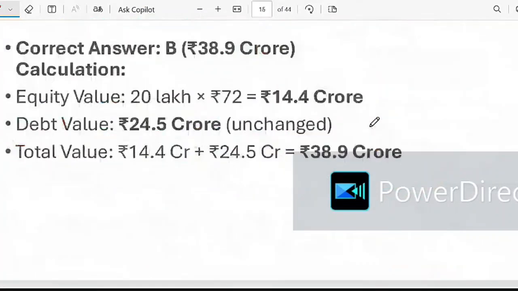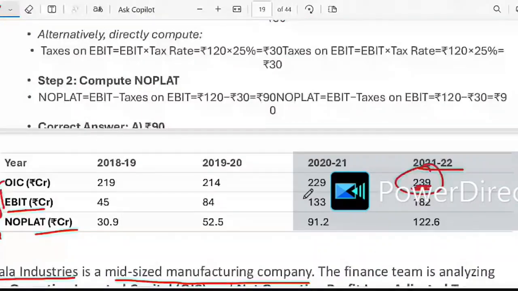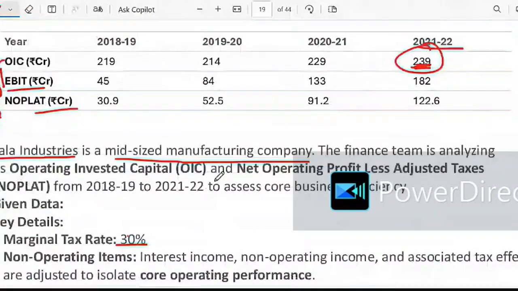And then we talked about NOPLAT, that is, net operating profit less adjusted tax. I told you that while calculating NOPLAT, interest expense and interest income are not taken into consideration. Just take EBIT, subtract the tax, and then operating invested capital. I told you that whenever excess cash is there, we have to subtract it to get the adjusted OIC.